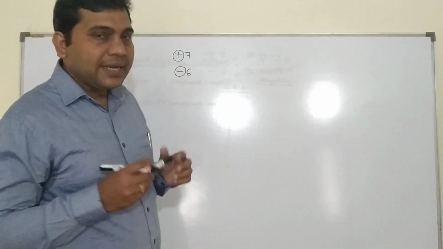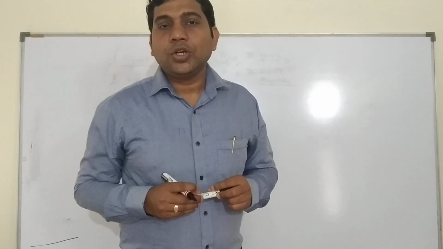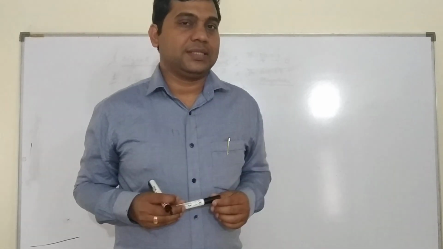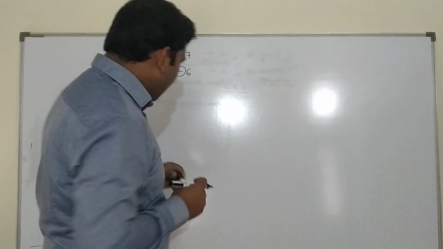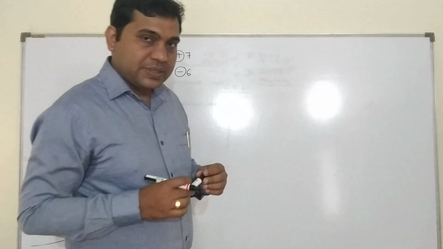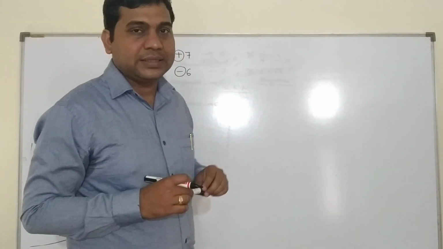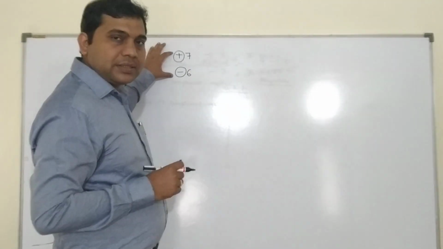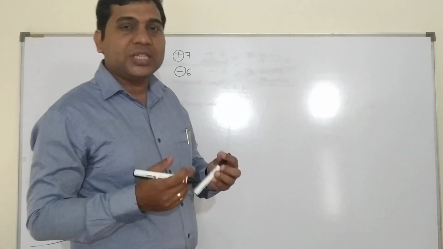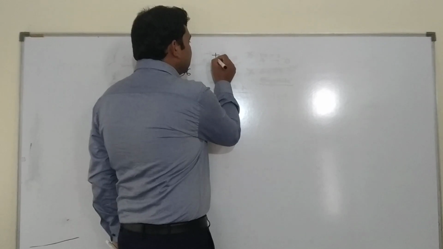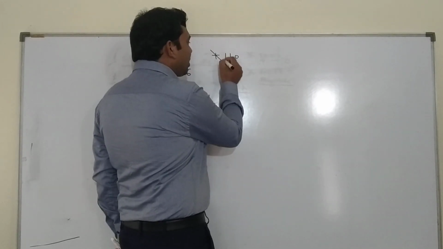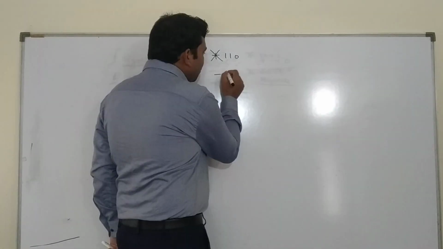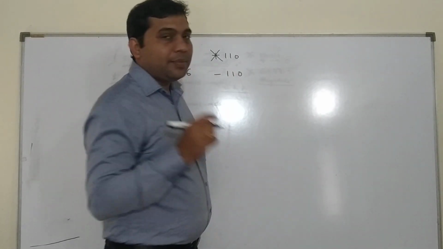But in binary number systems, to represent any number, we have three different ways. In binary number systems, we cannot represent any positive or negative numbers using these symbols. We cannot use plus. We cannot use minus symbol in binary number system.